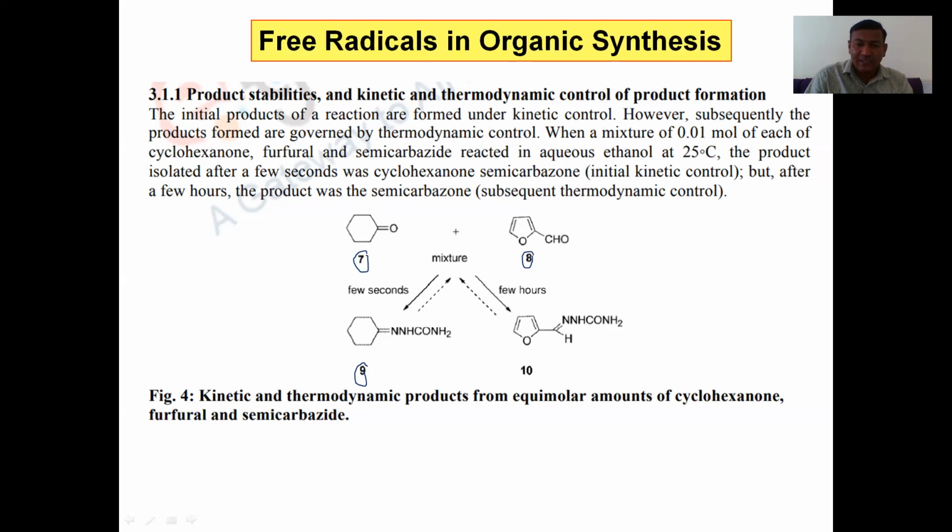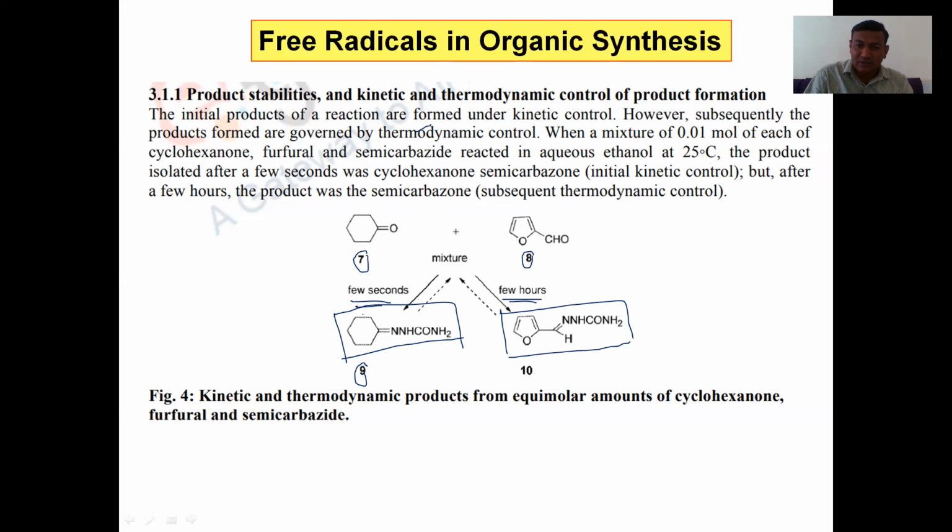See, in a few seconds means there will be kinetic control. Few seconds means the kinetic control, and what you will get is this product. Okay, and in thermodynamic, after a few hours, see the reaction condition here. This is a few hours and here a few seconds.